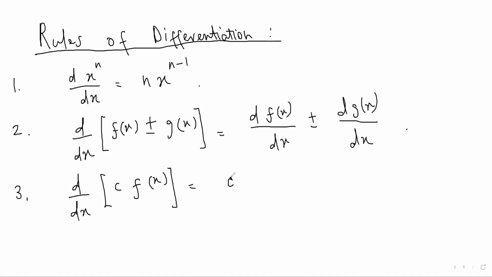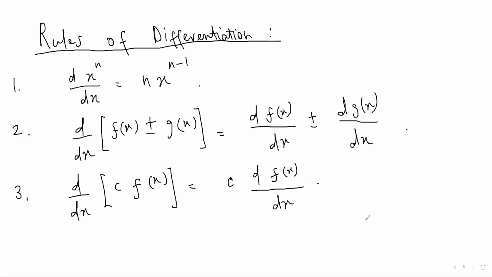You can factor out the constant, take it out, and multiply it by the derivative of the function f of x with respect to x. So if you differentiate the constant multiplied by the function f of x, that is equal to the constant times the derivative of f.